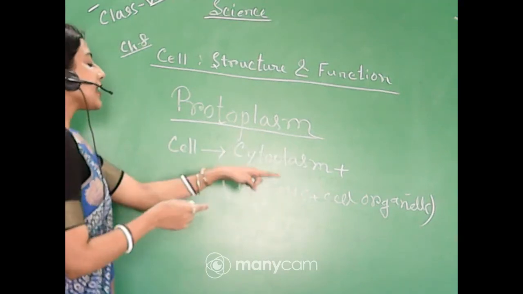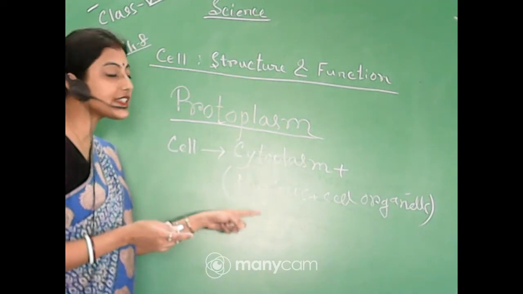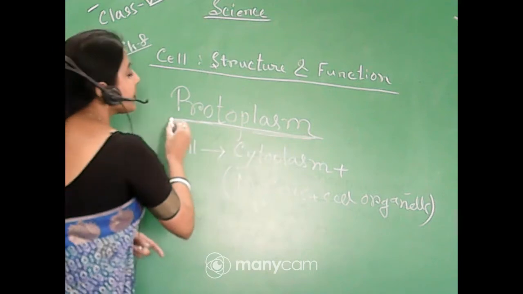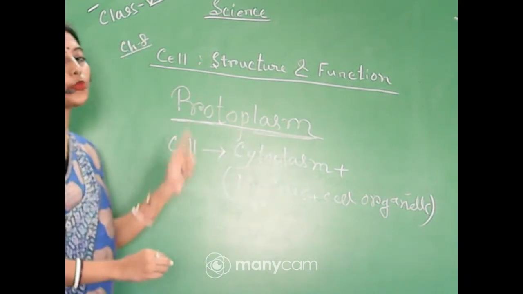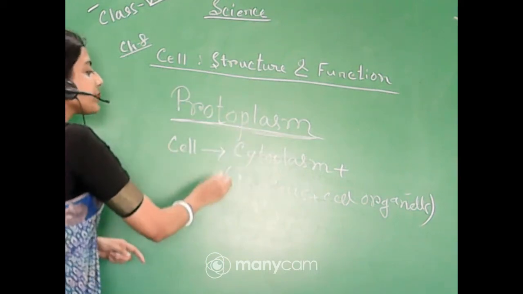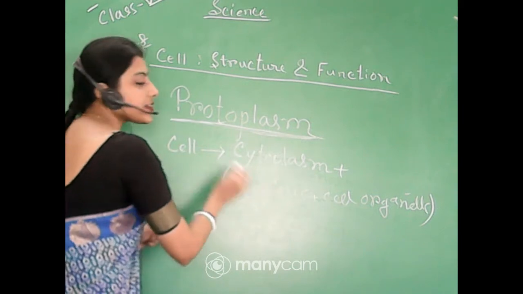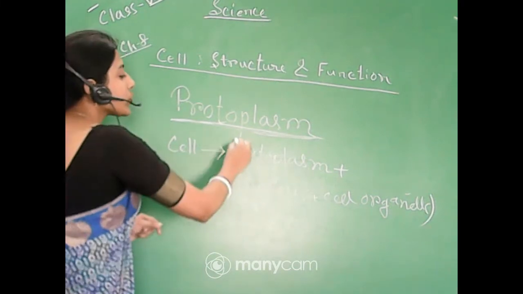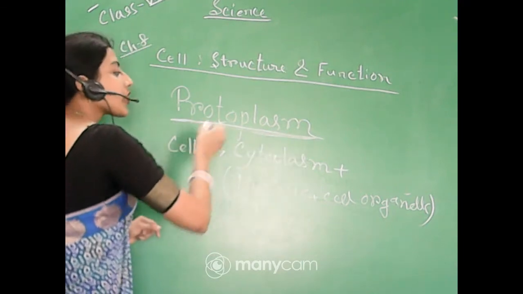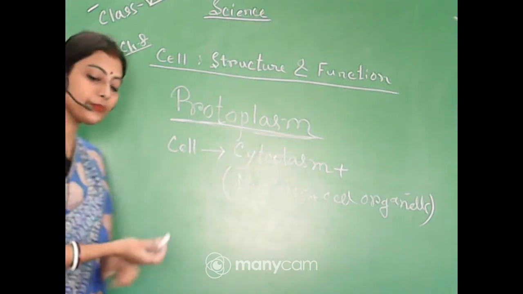Both the cytoplasm and the cell organelles together constitute the protoplasm, which is the living component of the cell. So a cell consists of the protoplasm, and the protoplasm consists of the cytoplasm, the cell organelles and the nucleus. With this total structure of the cell, when it is living, it is known as the protoplasm. Okay.